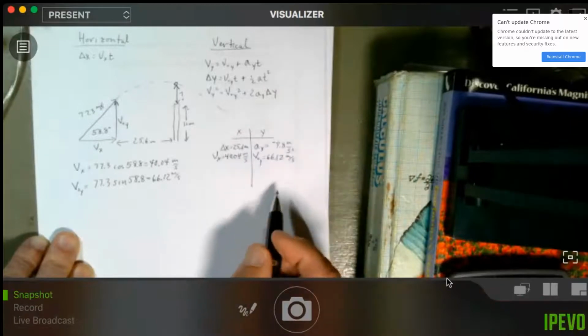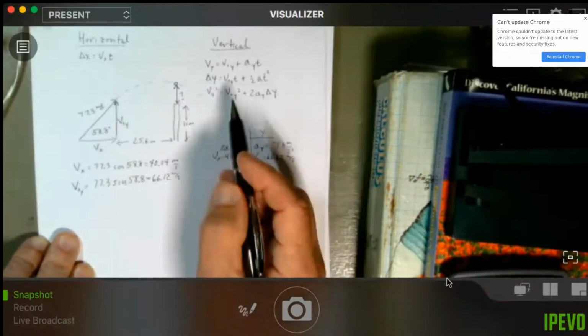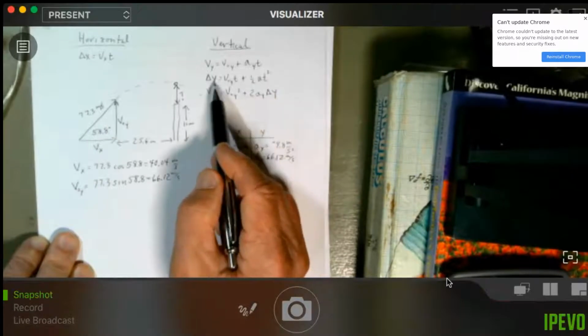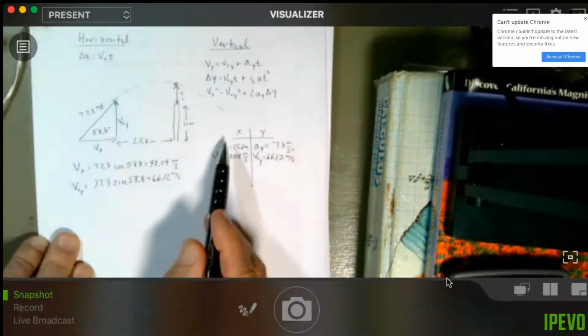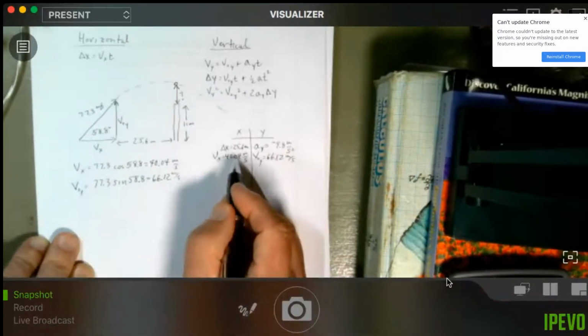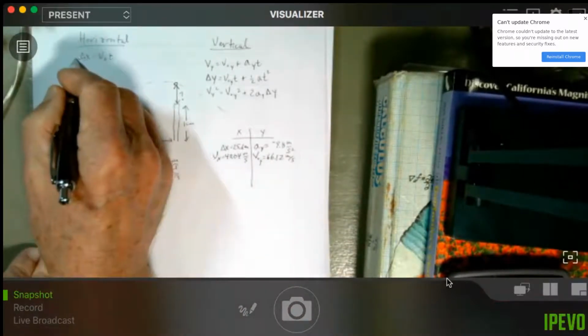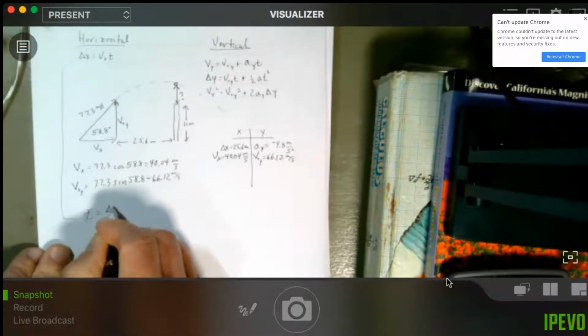So we're in business. In order to find the time in the y direction, you would need 3 variables because for each of these 2 equations that have time in it, there are 3 other variables. In the x direction, you only need 2 variables, and we have those 2. So let's figure out the time using the x direction. From this equation, we get that time equals delta x over Vx.